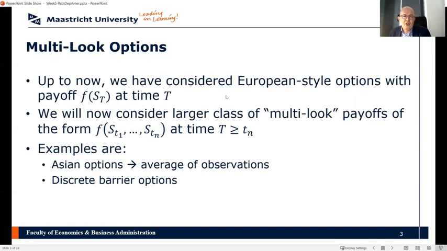Examples of such multi-look payoffs are Asian options, where you take the average of the observations along the path, discrete barrier options, and look-back options, where you look back along the path and ask what was the maximum or the minimum value taken along each path.